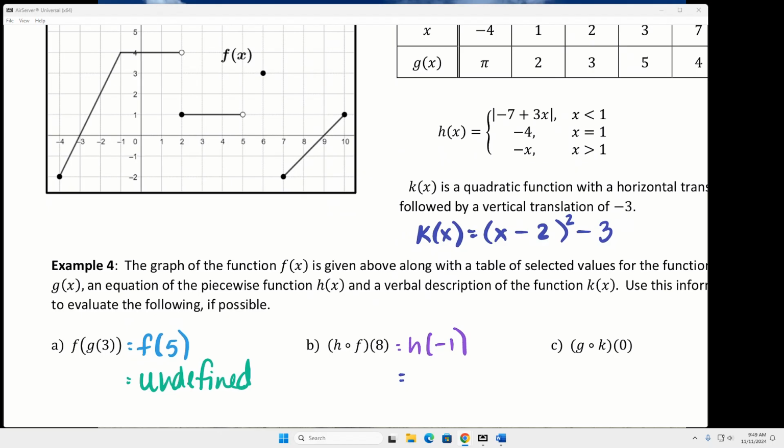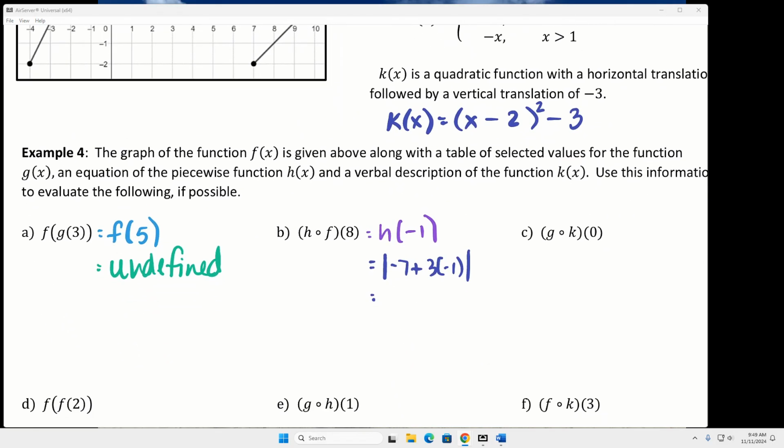What do y'all think? For -1. The top piece, because -1 is less than 1. We're going to put it into this top piece, which happens to be the most complicated out of them, but it's okay, it's doable. All right, so it's the absolute value of -7 minus 3, or the absolute value of -10, which is just 10.